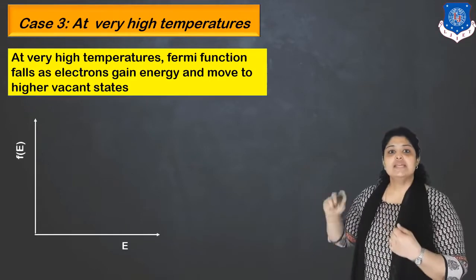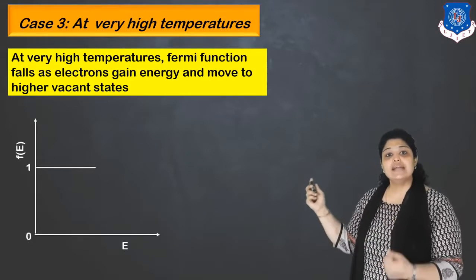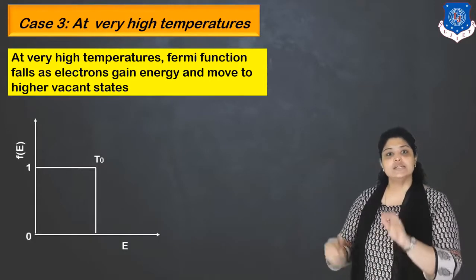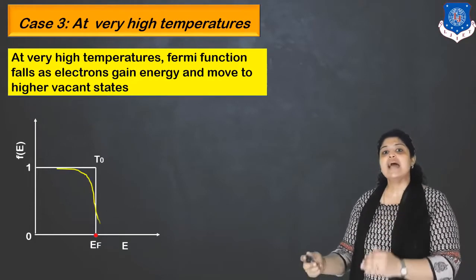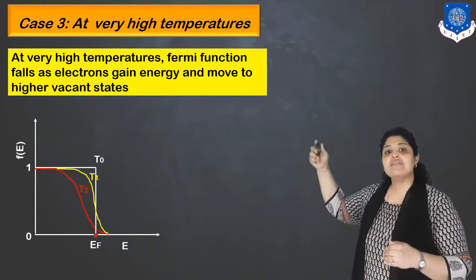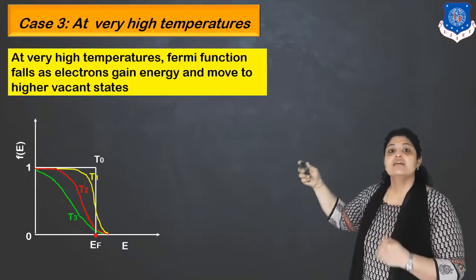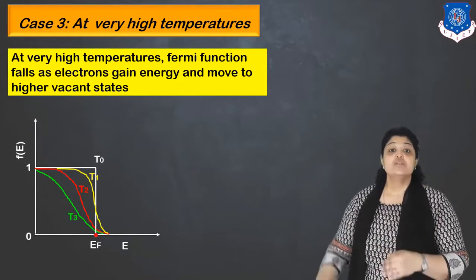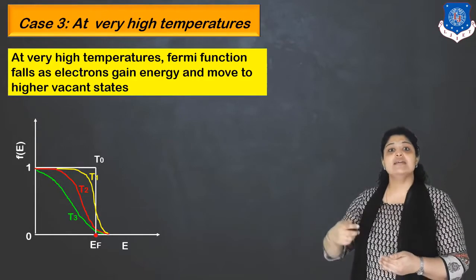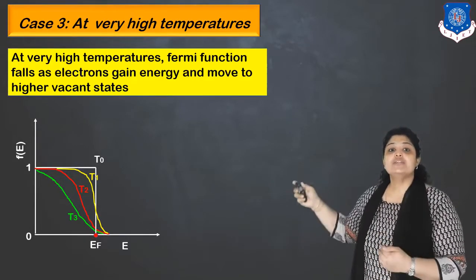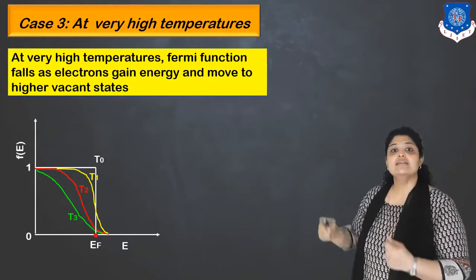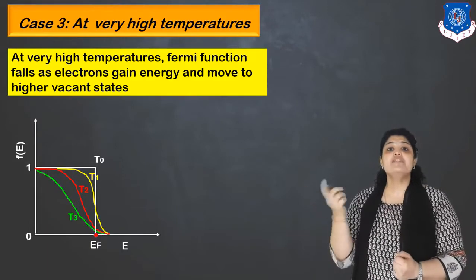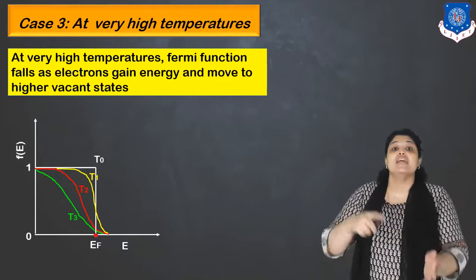So again, you can see in the graph that this is the ideal condition representing T0, that is 0 Kelvin. Now as you increase the temperature, just have a look at T1, T2, T3. I can say T3 is greater than T2, greater than T1. So if I increase the temperature, just see the variation in the graph, just see the green colored line. I say my Fermi function becomes more gradual.